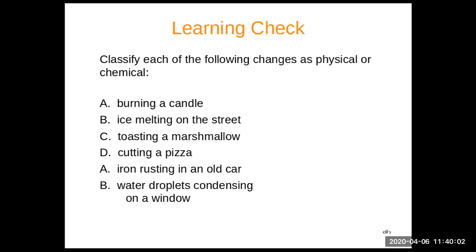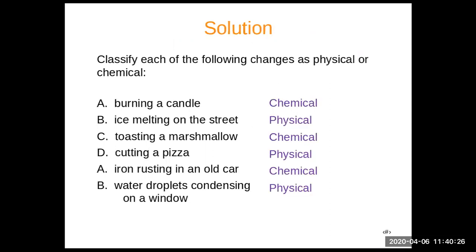So condensing means you're going from the physical state of vapor to the physical state of liquid. So you have water vapor that condenses into liquid water, but you start from water and you end up with water. So that's a physical change. And so here are all the answers.